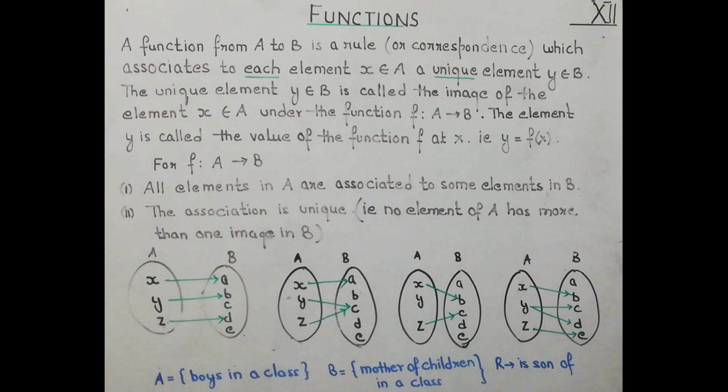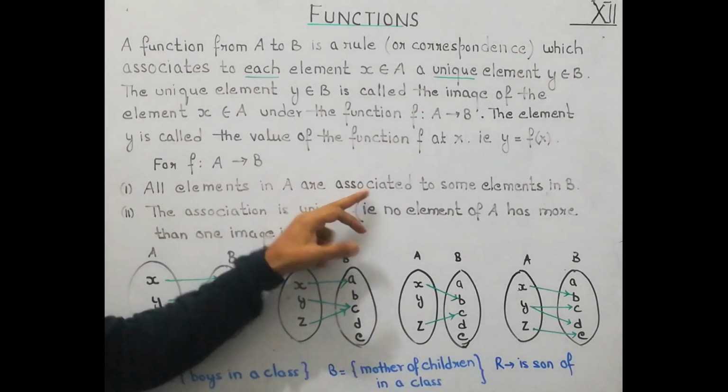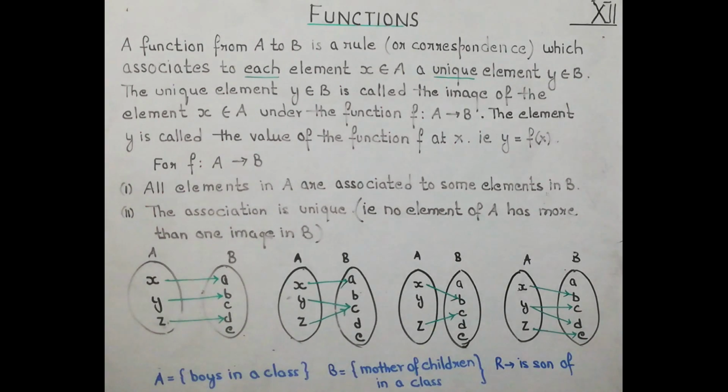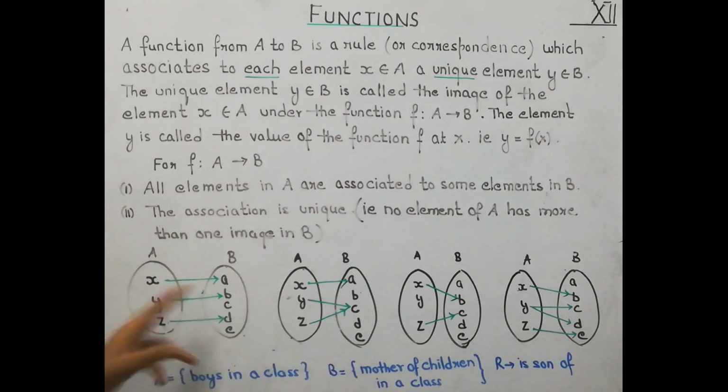Now, can we define this relation to be a function? Because we know that a function is a special case of a relation where two conditions must be satisfied. Now, let's see these two conditions. All elements in A are associated to some element in B. Here all the elements of set A have been associated. The first condition has been fulfilled. Each element of A is to be associated.